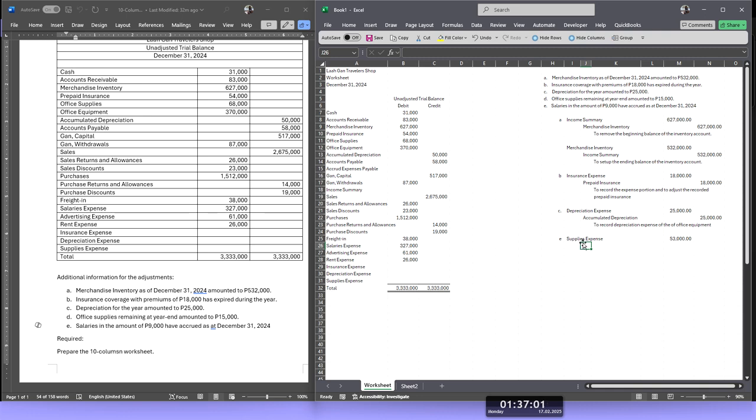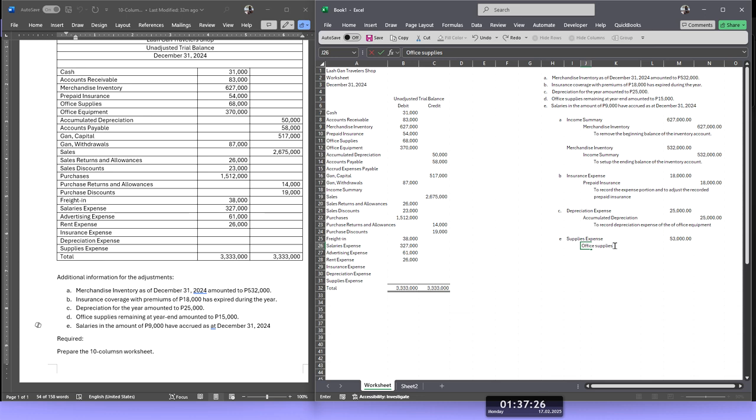And then the account credited is office supplies to reduce the balance of the office supplies in the unadjusted trial balance from 68,000 by 53,000 to make it 15,000.